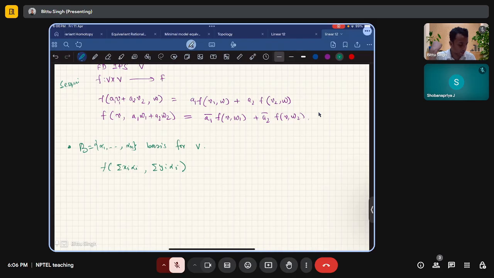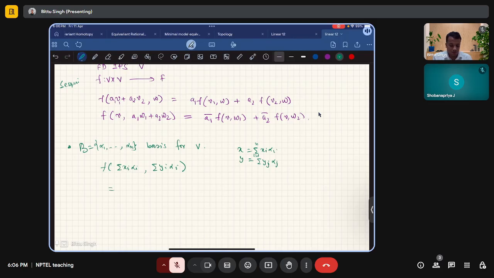So I am writing x as the sum of xi alpha i, and the second vector y as the sum of yj alpha j, where i and j both vary from 1 to n.